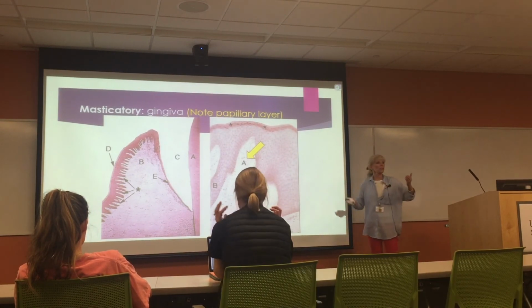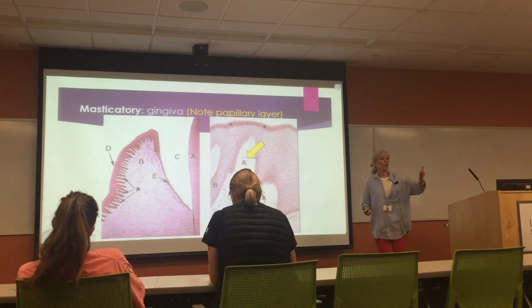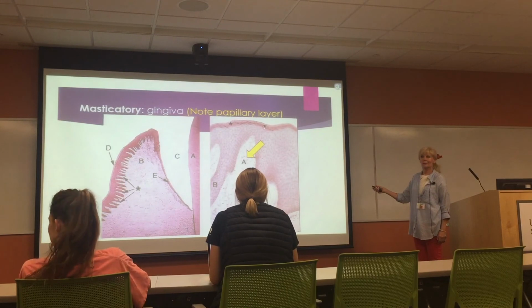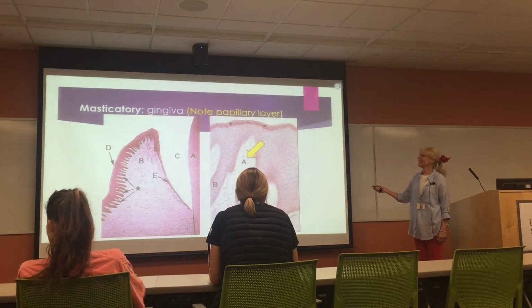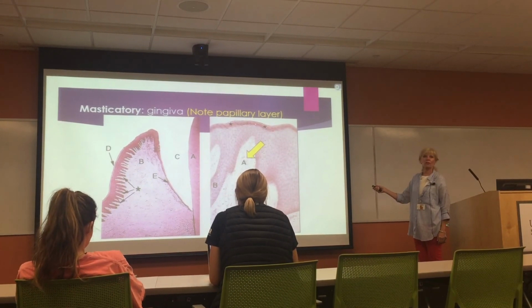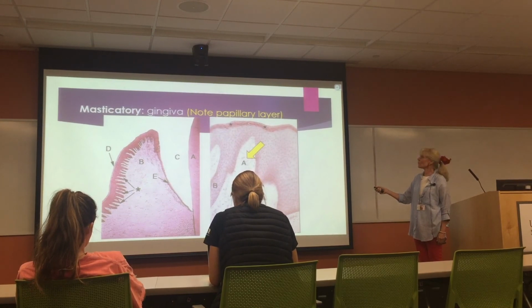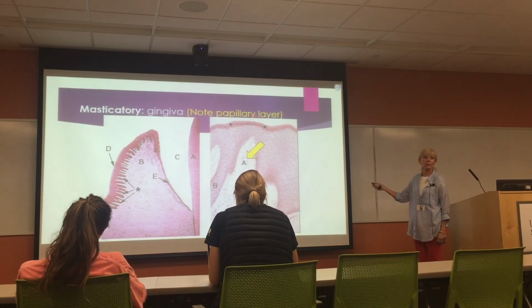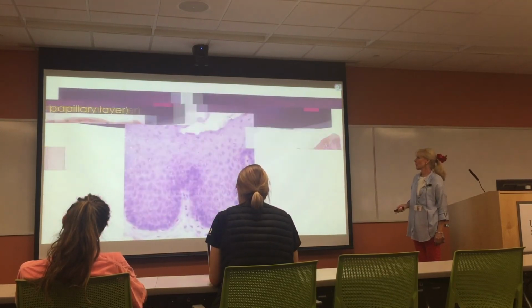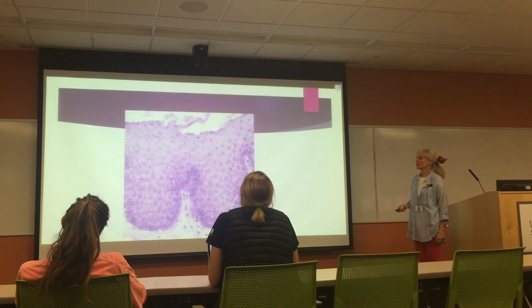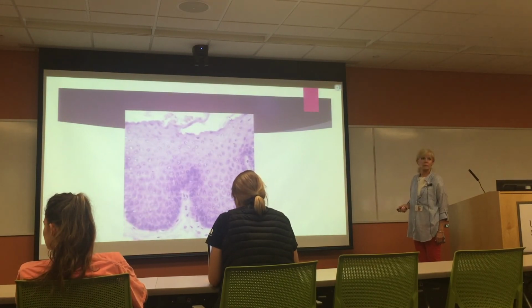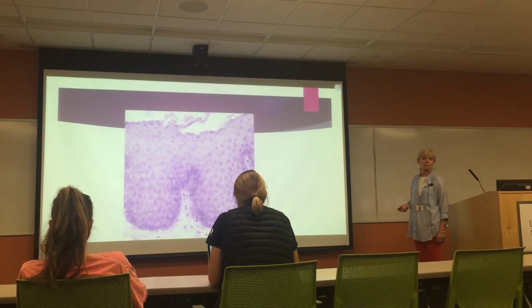Would you call this ortho or para? Para, right? Yes. Because if it were ortho, you'd have a whole bunch more layers of just squames. Okay? So what would this be? Para. Just kidding.